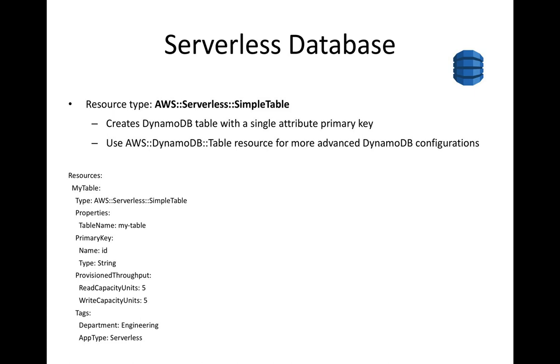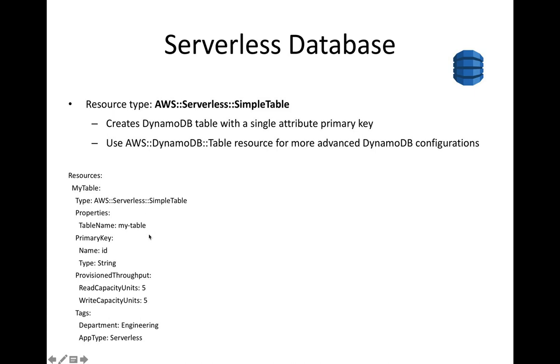However, if you want to set up a fairly simple table, one that has a single attribute-based primary key, then you can use the serverless simple table resource. And here's an example where we're setting up a table called my table, where the logical name for the resource is my table, and the name of the table is my table. We don't have to give the table a name.